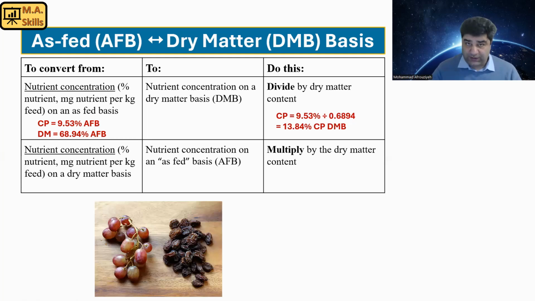So it shows that whenever you are seeing 9.53% crude protein on the label, it is based on as fed. If you convert it to dry matter, it's going to translate to 13.84%, which is going up, right? You are converting from as fed to dry matter basis.